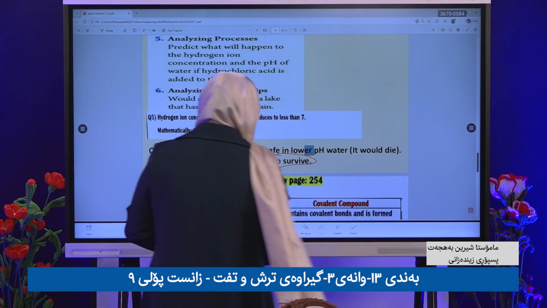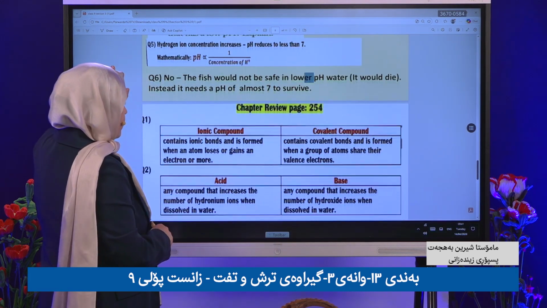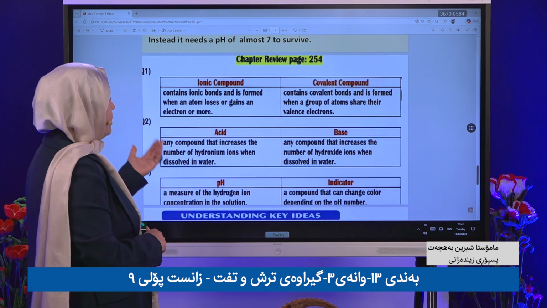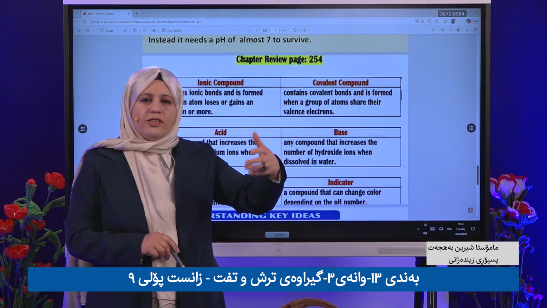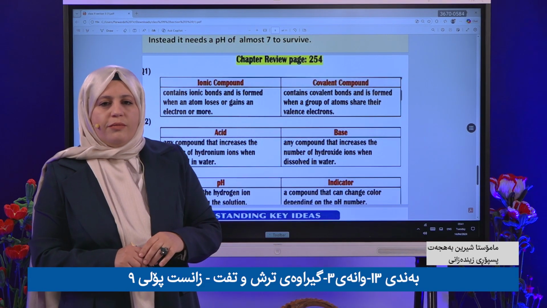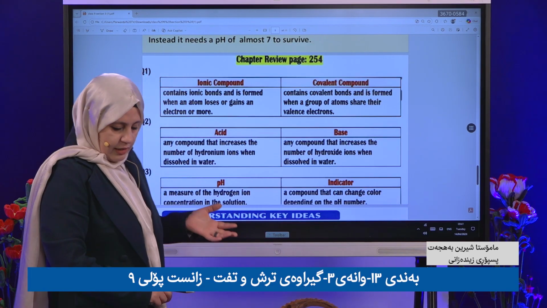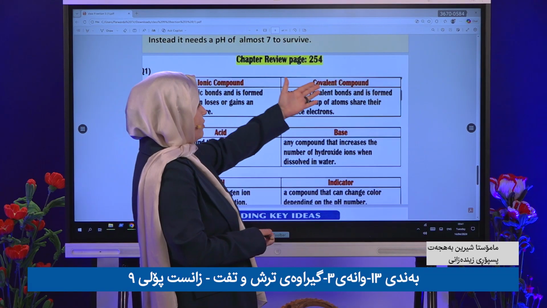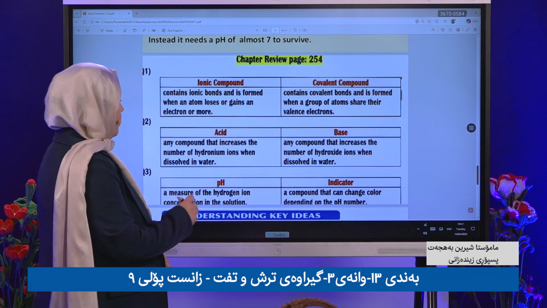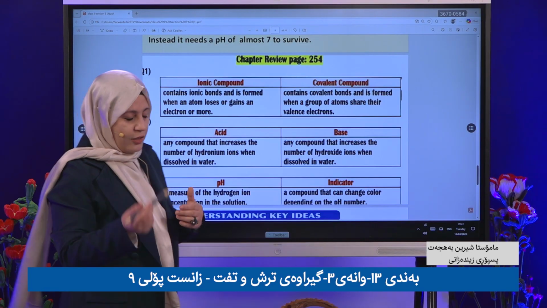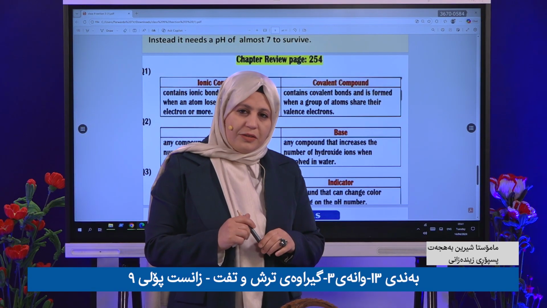Clear? Let's go to the chapter review. The first one was about ionic compound and covalent compound. Have you remembered, in the first lecture I explained about ionic compound and covalent compound? An ionic compound is formed when atoms gain or lose valence electrons.